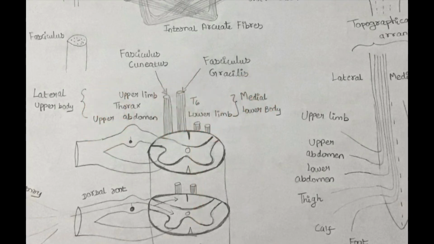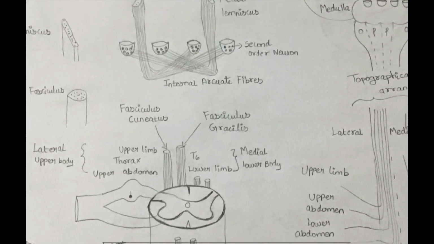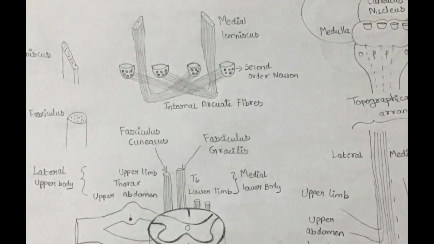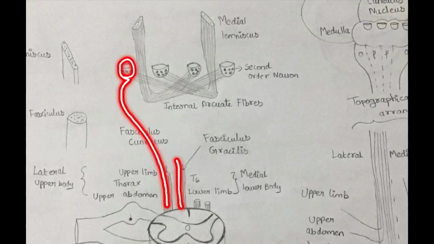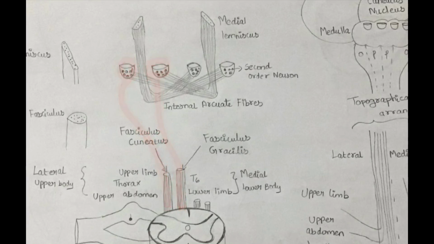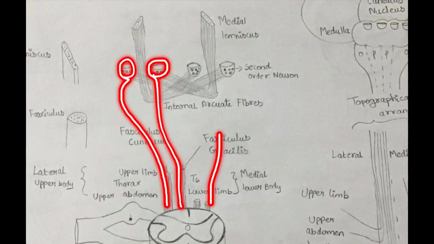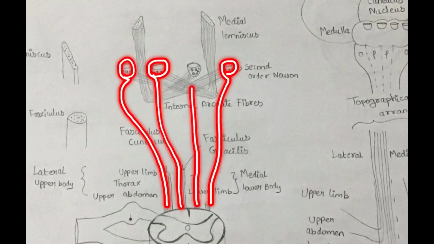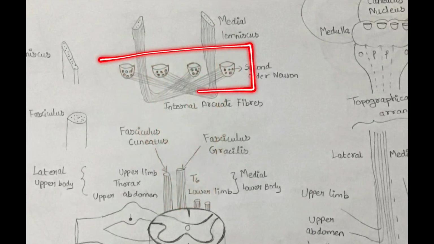The fasciculus cuneatus will go to the cuneatus nucleus, and the fasciculus gracilis will go to the gracilis nucleus. On the other side also, the fasciculus cuneatus goes to the cuneatus nucleus, and the fasciculus gracilis goes to the gracilis nucleus. So where are these nuclei located?